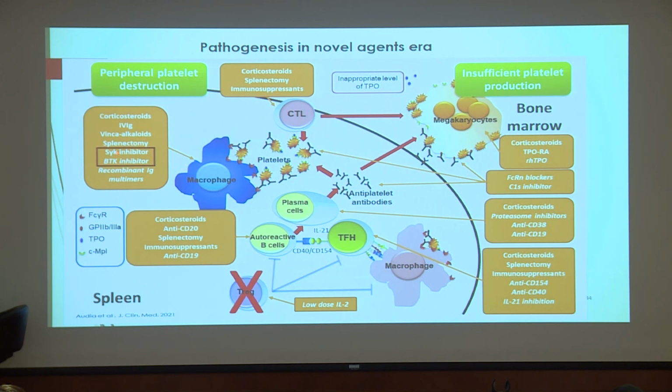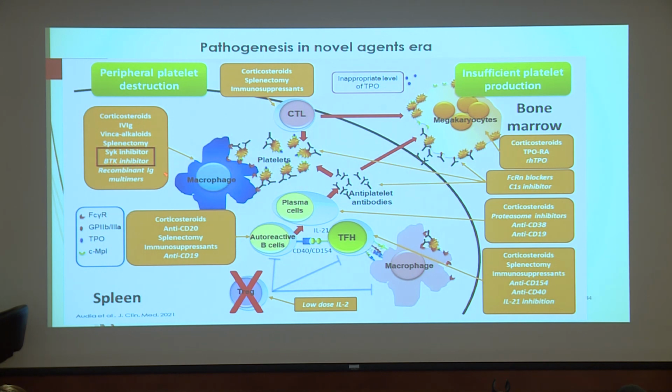If you see Syk inhibitors like fostamatinib, which has been approved by FDA recently, it targets the Syk receptor, which is a tyrosine kinase downstream after the Fc receptor and responsible for the signal transduction pathway to activate the macrophage for phagocytosis.